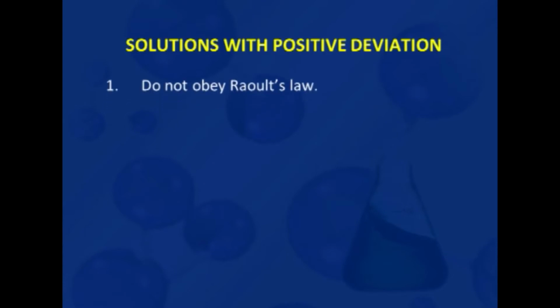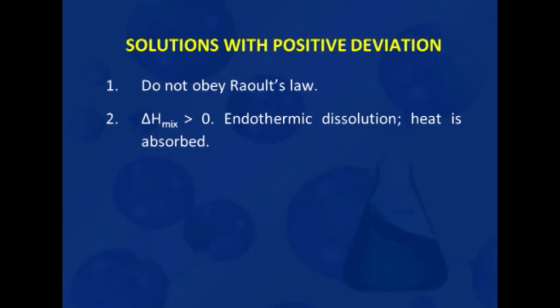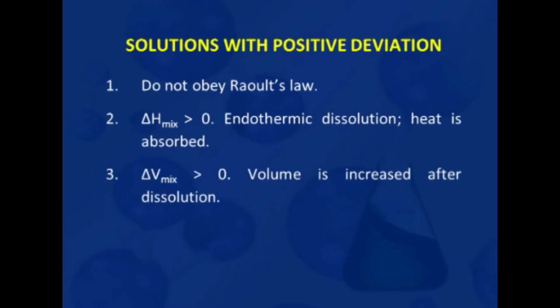These solutions possess some characteristics. They do not obey Raoult's law. Delta H mixing is always greater than 0, meaning there is endothermic dissolution and heat is absorbed during solution making. Delta V mixing is also greater than 0, volume is increased after dissolution.